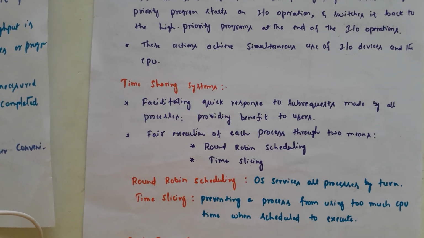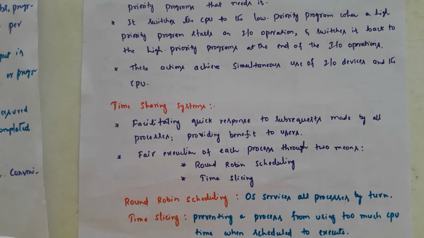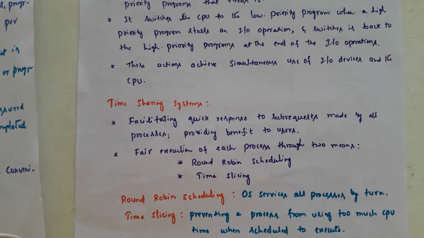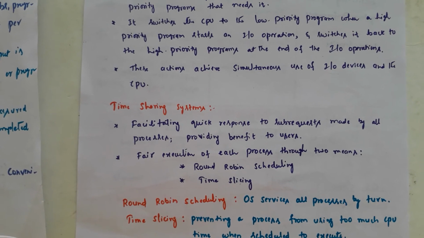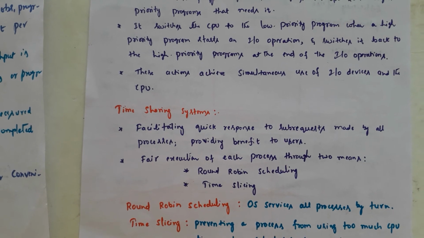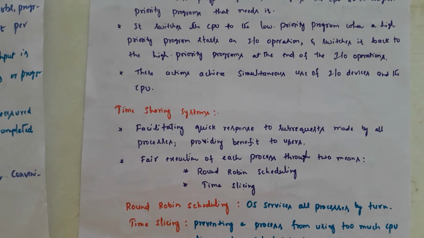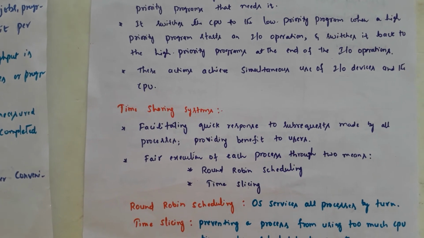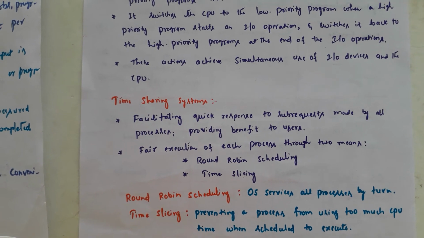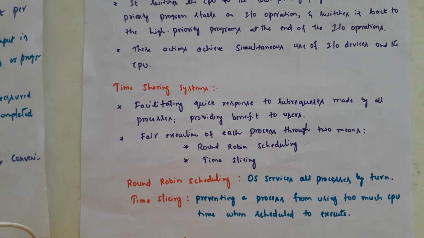In the time sharing system, all the sub requests made by the user will be given a quick response. That is, we have to give the facility to get a quick response to all the sub requests. For the execution of the time sharing system, we have two methodologies: one is round robin scheduling and the other is time slicing.